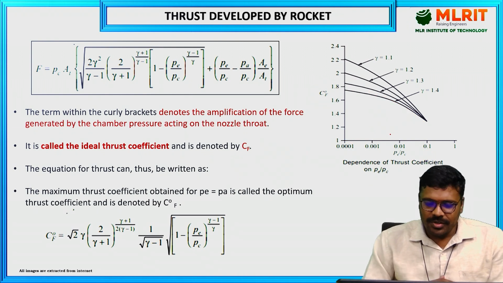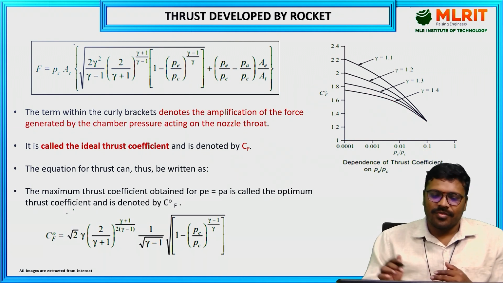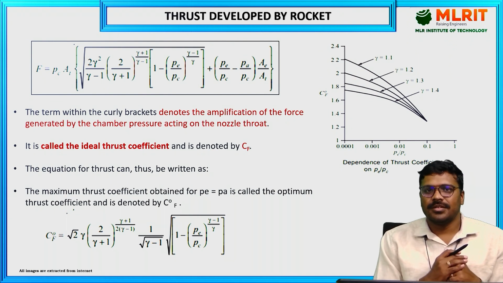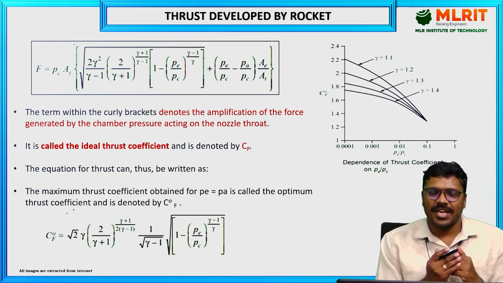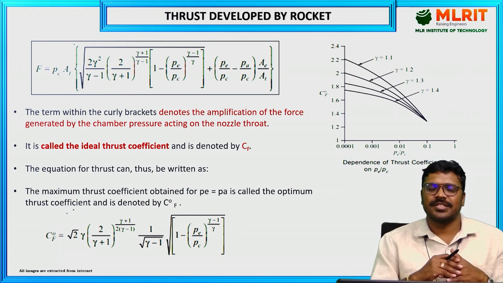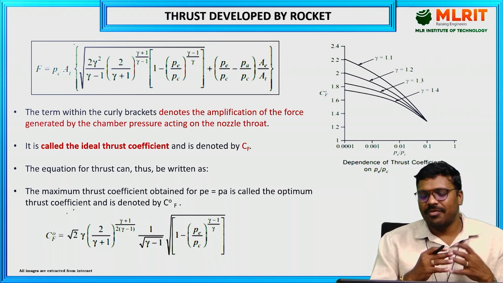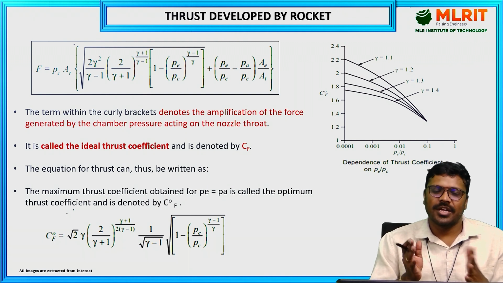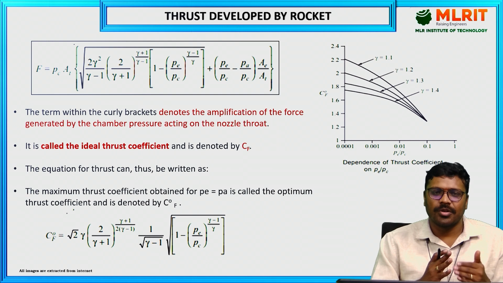To get maximum thrust, our requirement is that PE by PC should be as small as possible according to the optimum condition, not more than that. Even if PE by PC is very small, there will be some losses due to over expansion; shock waves will form, which also affects the total performance.